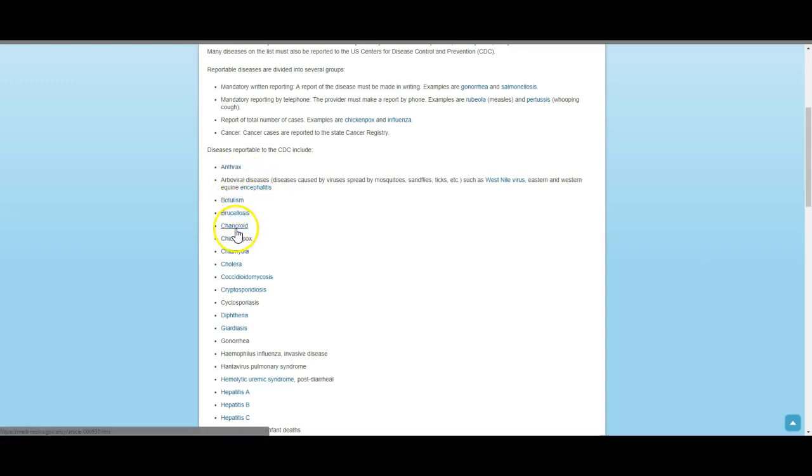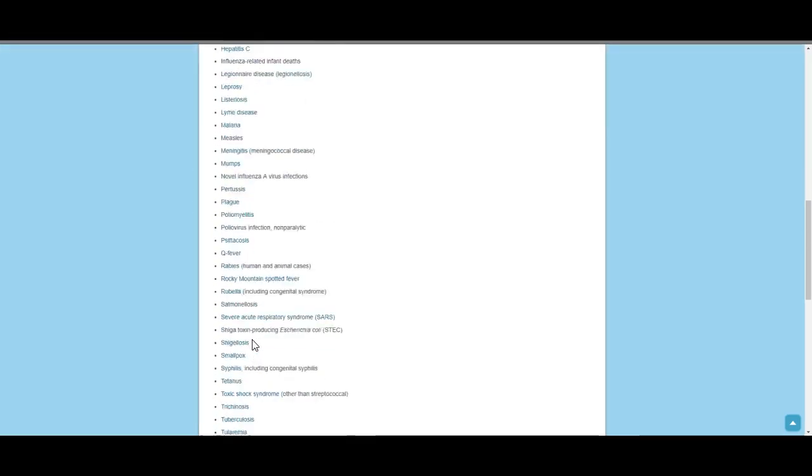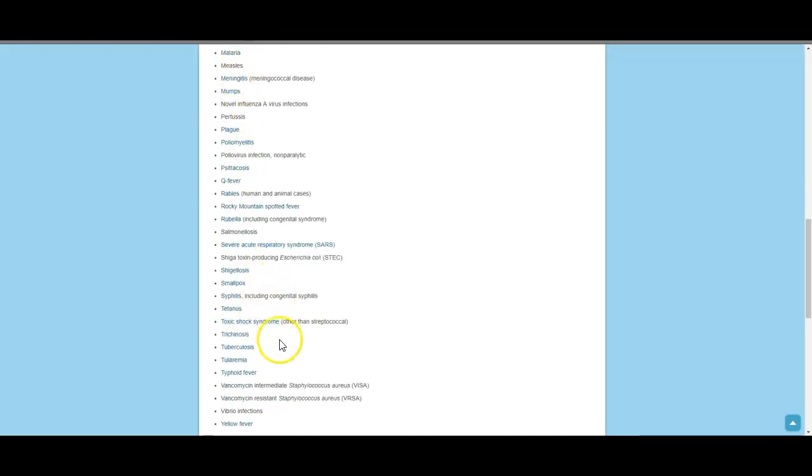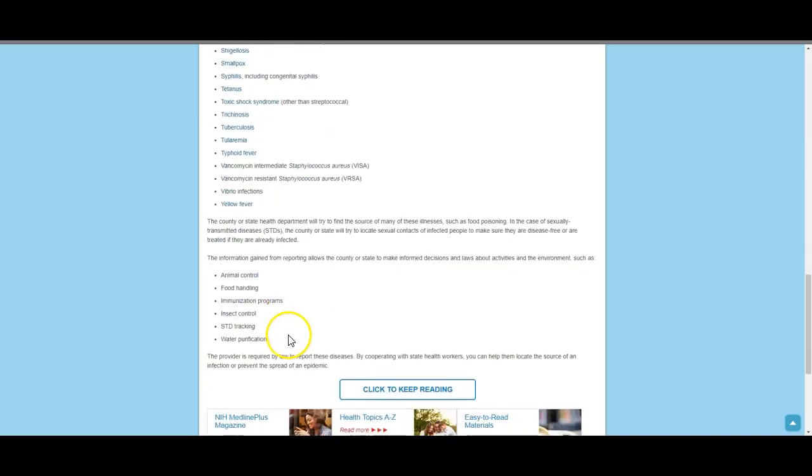Botulism is a foodborne illness. Chickenpox, chlamydia, cholera, another foodborne illness. Cryptosporidiosis, any of these things. Diphtheria, giardiasis, any of these things. Like Lyme disease, it's a tick-borne illness. Malaria is from mosquitoes. I mean, any of these things. All of these things have to be reported.